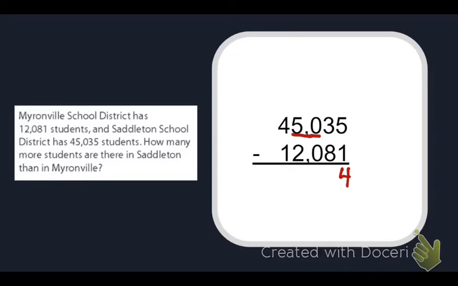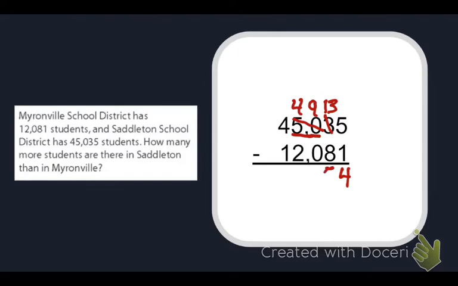If I cross out the 50, I get 49 when I take 1 away, which means that I can add 10 to the 3 and have 13. Now I can subtract 13 minus 8. 13 minus 8 is? 5. Thank you.